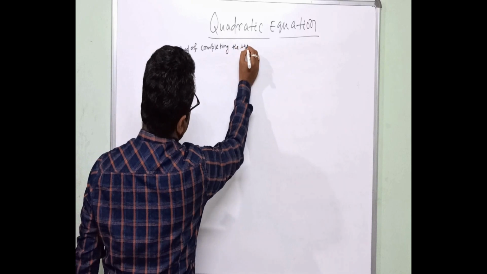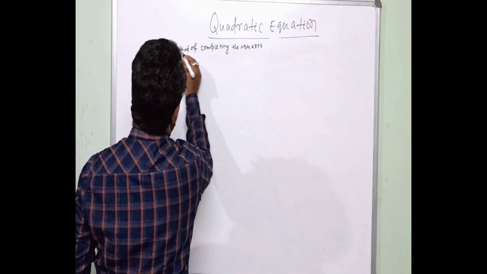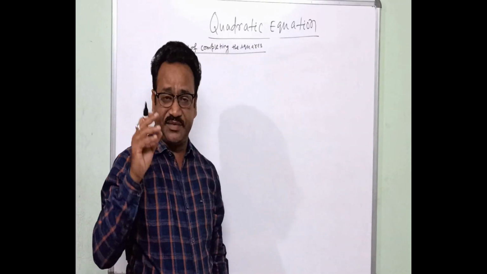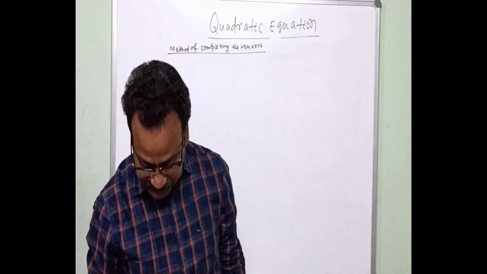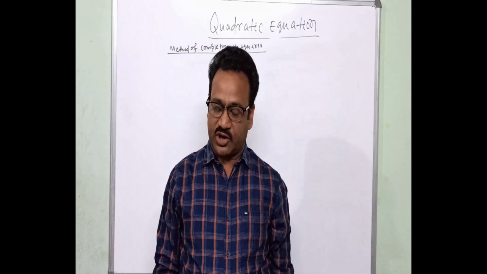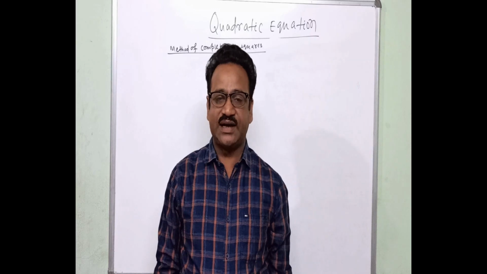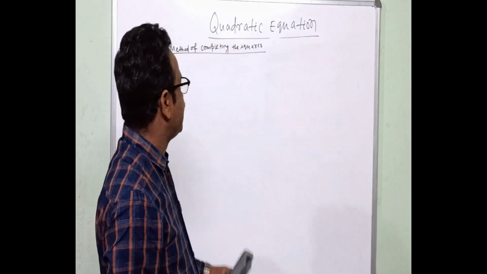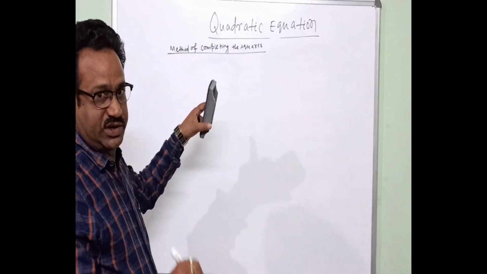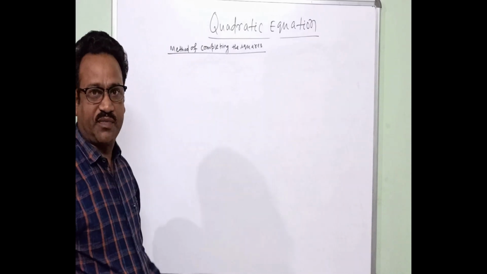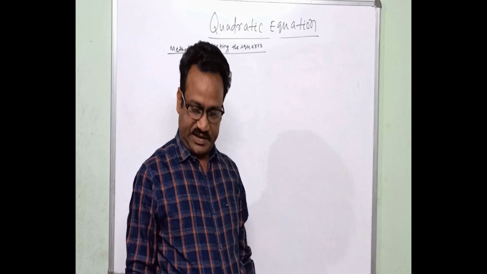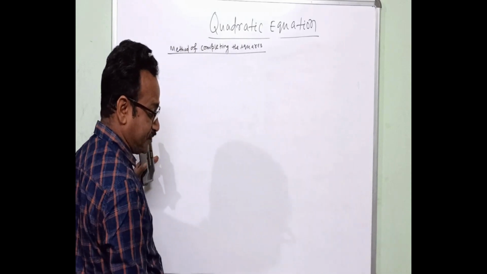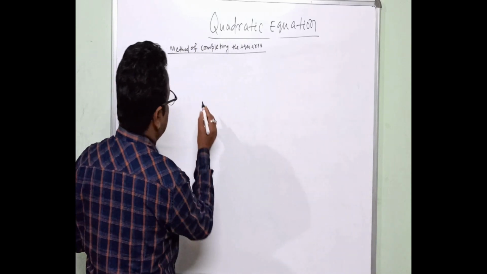It is eliminated from the syllabus. It is not there in the ICSE syllabus. It was there in the CBSE syllabus until 2020, and it is eliminated. But we should know about this. It is an important part of quadratic equations. So let us see how we will do it first.